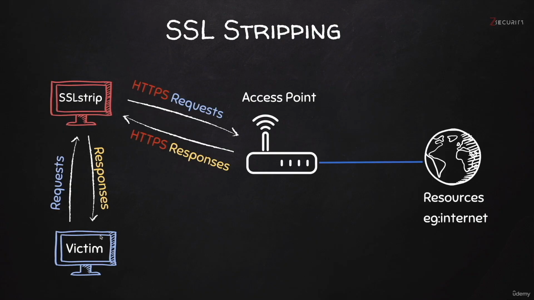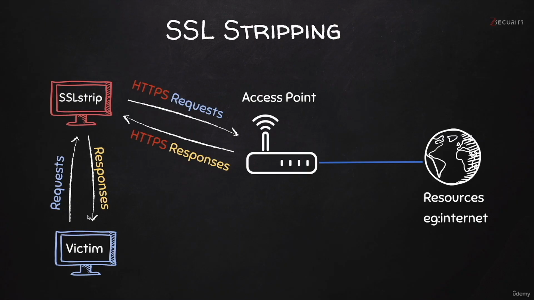In HSTS, the browser knows that this website, for example, facebook.com, should always be loaded over HTTPS. So even before sending this request to us, it'll always send it in HTTPS, and it'll always only accept it if it comes back as HTTPS.